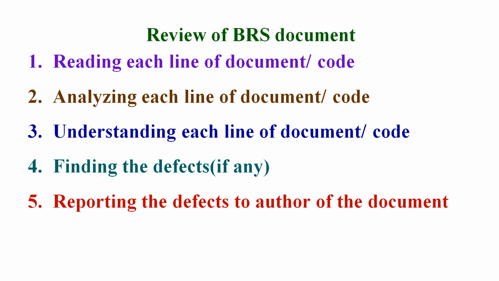Reading each and every line of the document, or if it is code, each and every statement in the code, analyzing each and every line, understanding each and every line, and finding the defects, if any, in that document. After finding the defects, immediately they have to report the defects to the author of the document. This is the generic model of the review.